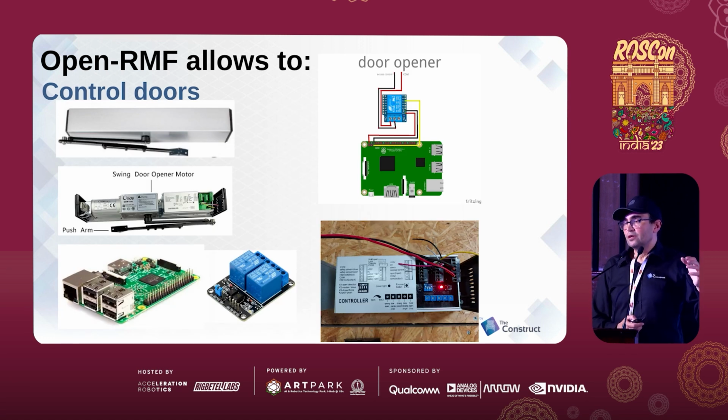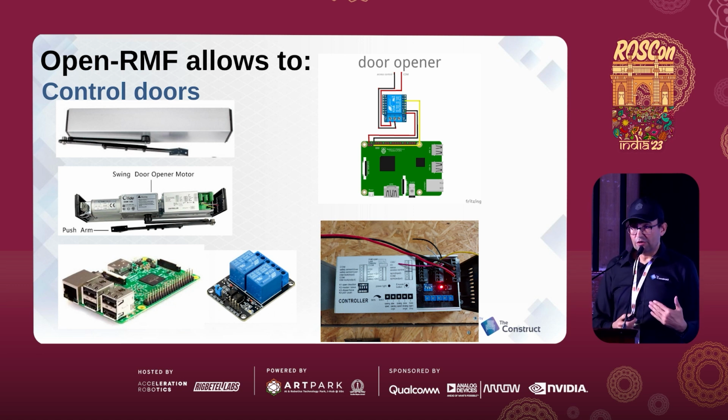automatic opener for the door. So this is a motor. Inside it looks like this. It has a control board and it has the motor that opens. Then you need to use a Raspberry Pi and a relay. So you connect both of them. And then in the Raspberry Pi is where you introduce your connector for OpenRMF.